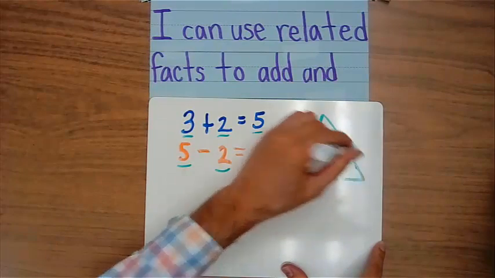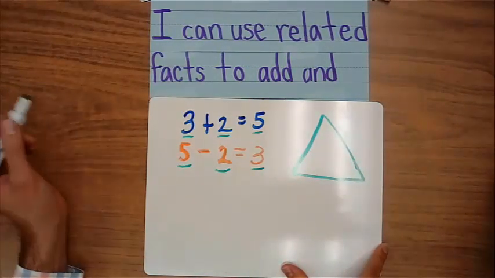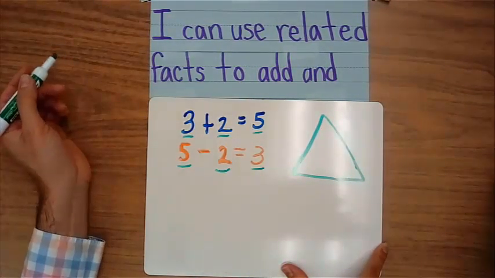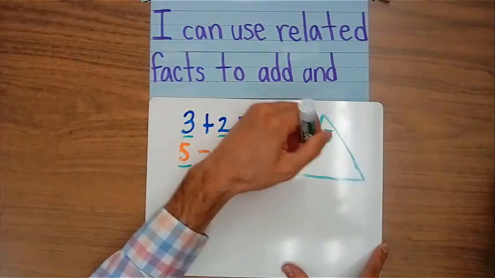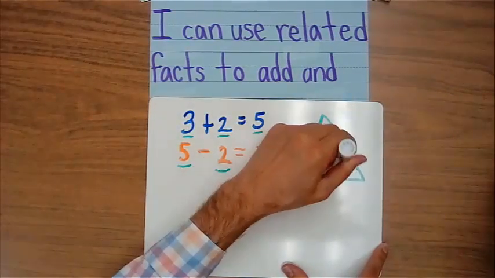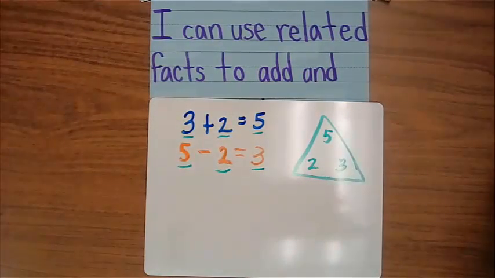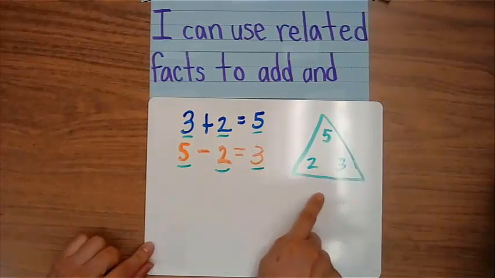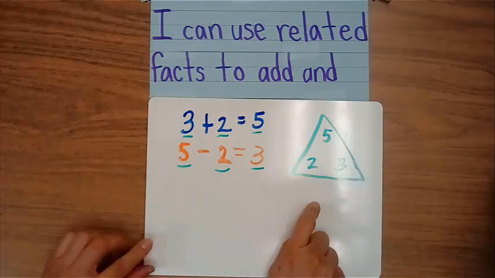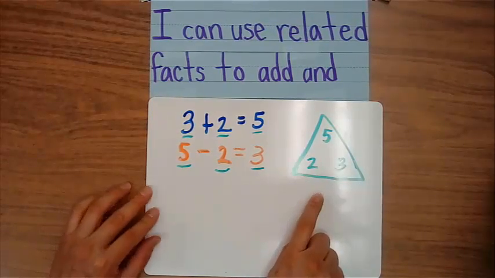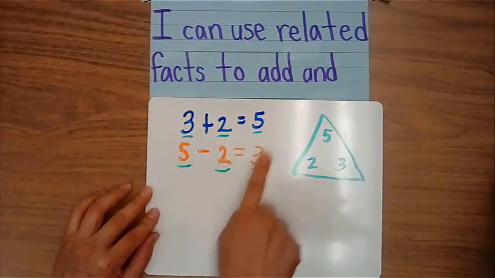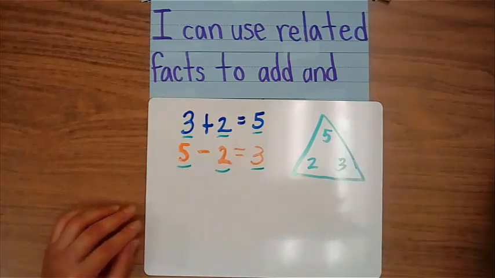As you remember when we did related numbers with our triangle, these were the family members. So we can use what we know about related facts to help us do a subtraction number sentence.